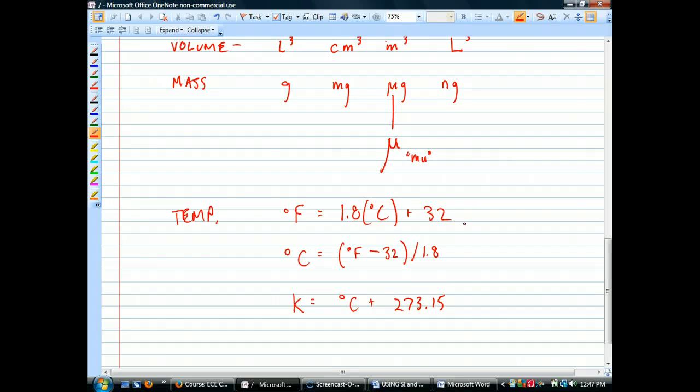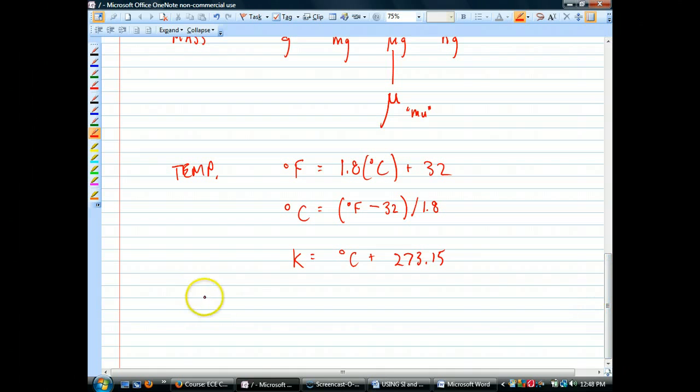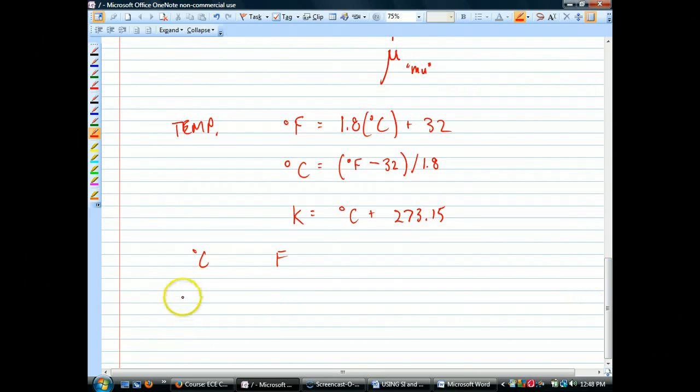So if you do need to do any conversions, we shouldn't even be using Fahrenheit in here. Of course, I grew up using Fahrenheit, so it's tough for me to think in terms of Celsius, but I like to think about the key points. When you look at the Celsius scale versus Fahrenheit, it's nice to keep in mind a few key points.